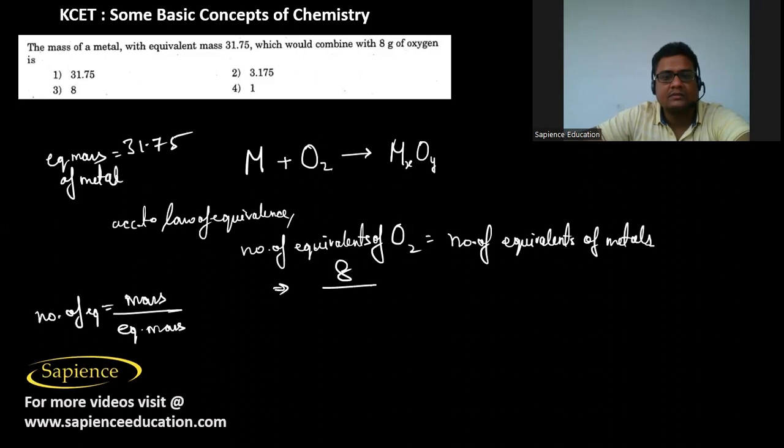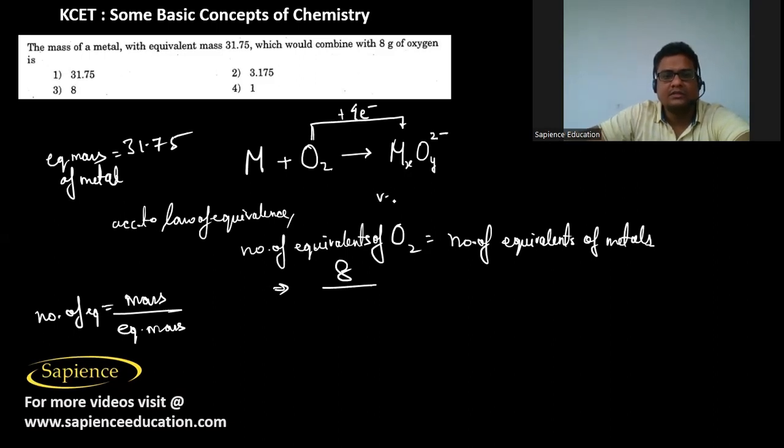Now here oxygen will form oxide ion, will form 2 minus. So 2 oxygen atoms have to gain 4 electrons to form oxide ion.